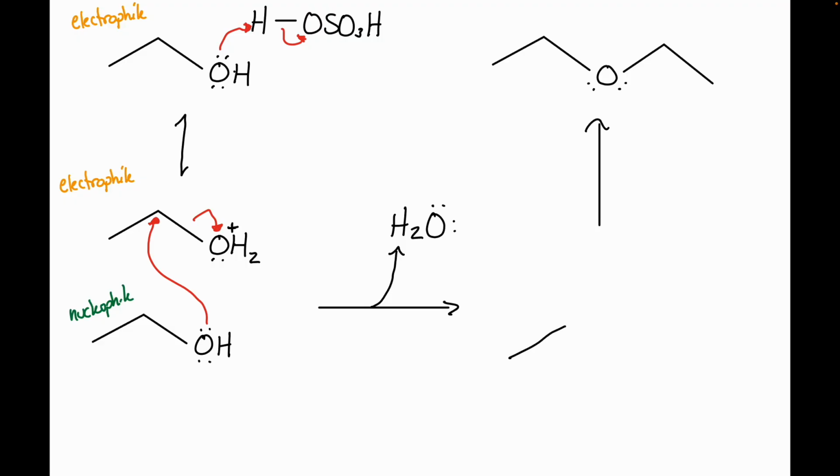And now I'm almost there with my ether. I just still have that hydrogen on there. So in order to get to my ether product, I'm going to have to deprotonate that oxygen. So I'm going to need my water to play the role of the base, leaving us with our ether.